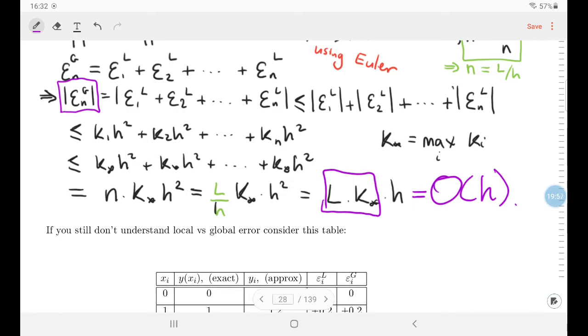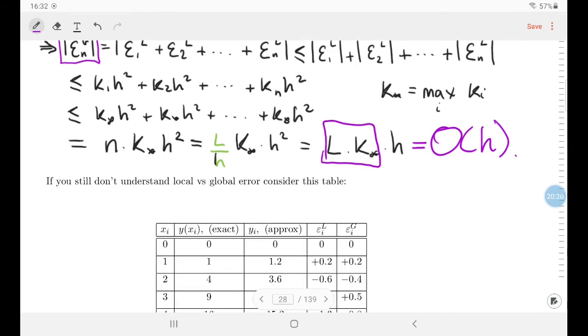That's what this calculation is basically showing. You don't really care about the error at one step. It's after all the steps, it's a multiple of h. So if you really want to decrease the error by a factor of 10, you have to decrease the step size by a factor of 10, which means, by the way, 10 times as many calculations. So that means it's not great.